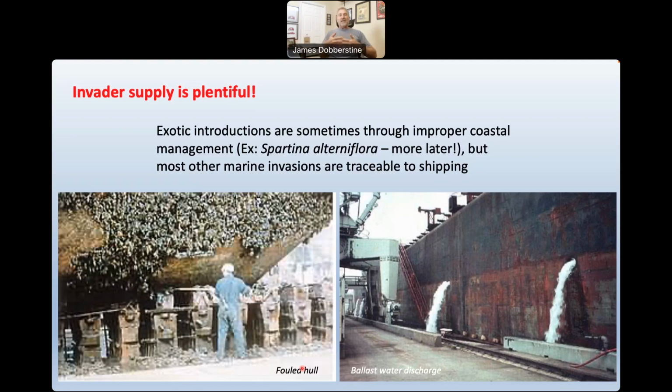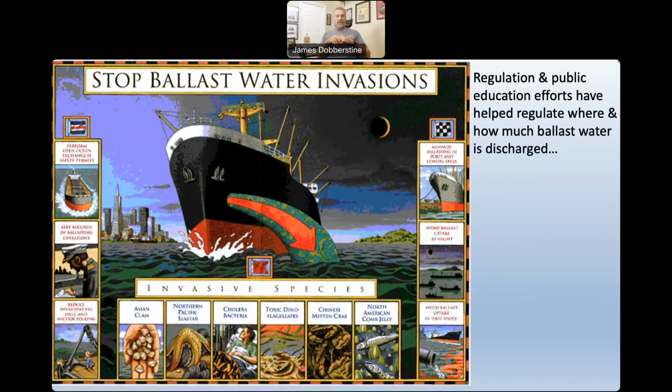These are the kind of things, management practices that we've had to make adaptations in order to prevent some of these accidental kind of releases of invasive species. So you'll see educational materials that are geared towards this. It's the same thing with recreational boats and even recreational hiking and that kind of stuff between different areas, even within the United States.